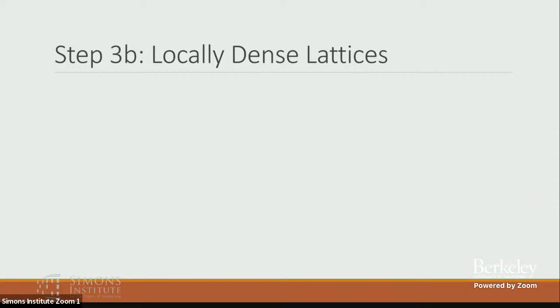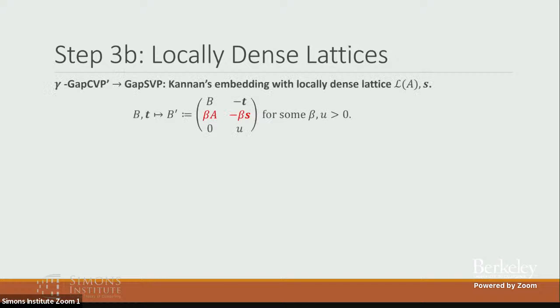Okay, so say we nevertheless have one of these in hand. How can we use it to help with our reduction from CVP to SVP? Basically, we just tack it on underneath our original basis, and we do the same thing with the corresponding targets, maybe with some scaling factor beta.